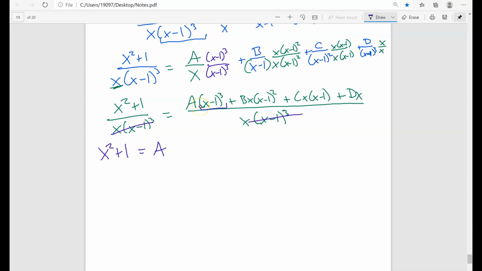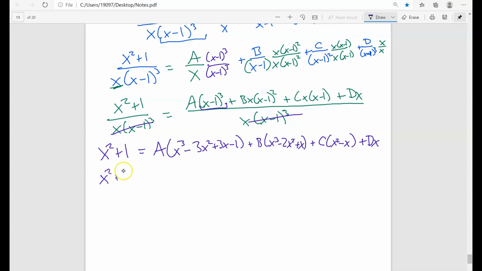I'm going to FOIL this out, and I'm going to tell you what the answer is. The answer for this foiling part is going to be x cubed minus 3x squared plus 3x minus 1. Then the second one is going to be an x cubed minus 2x squared plus x. Then you're going to have cx squared minus cx, then plus dx. Okay, so just to save a little bit of time.